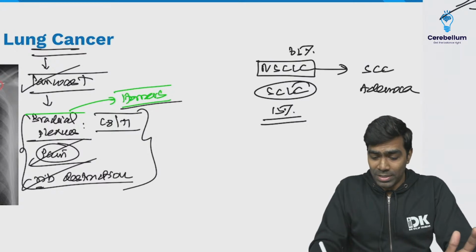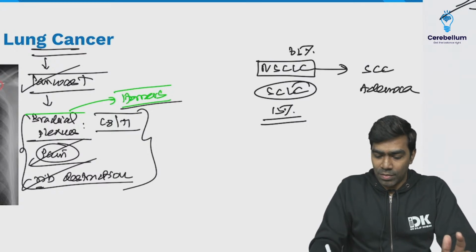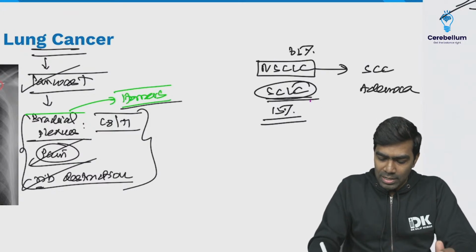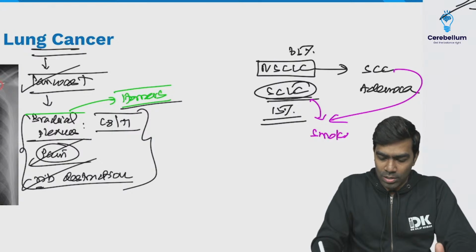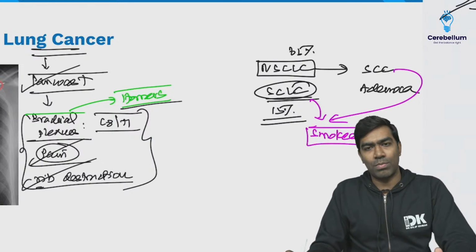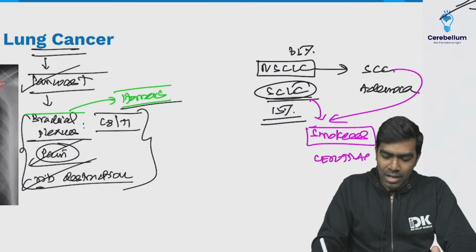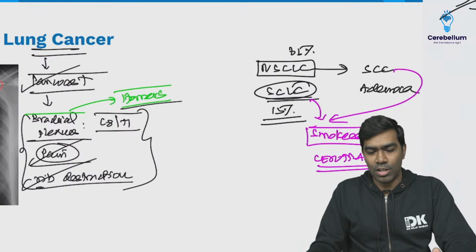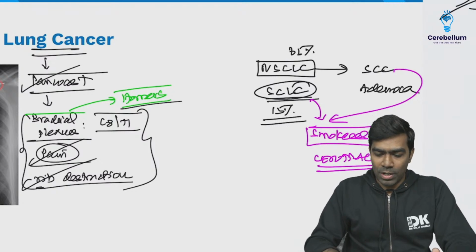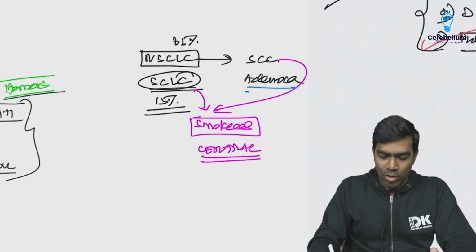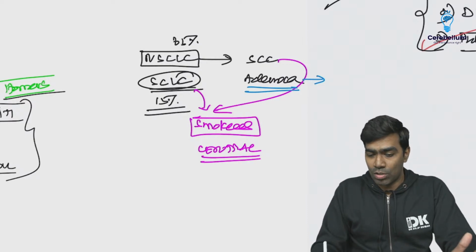When you talk about squamous cell, small cell lung cancer, you don't have types, but remember, small cell lung cancer and squamous cell cancer occurs exclusively in smokers. And they are usually central tumors. Central means they occur near the hilar region. When you talk about adenocarcinoma, it can occur in smokers as well as non-smokers.